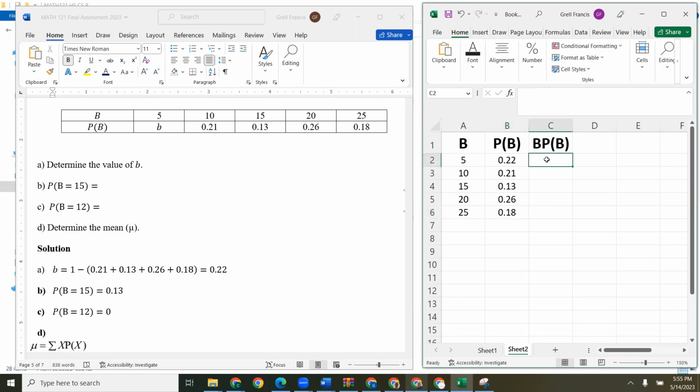So we can find what is equal to X, which is B times P of X, P of B. So that's our first XP, if you want to put it that way. And to get the other XPs, we just go to the lower right corner of this cell and double click to copy the formula. And now we can find the sum thereof of these X times P's. And this sum will give us the value of the mean. So it appears that the mean is equal to 14.85.